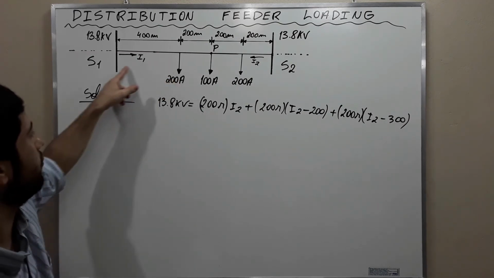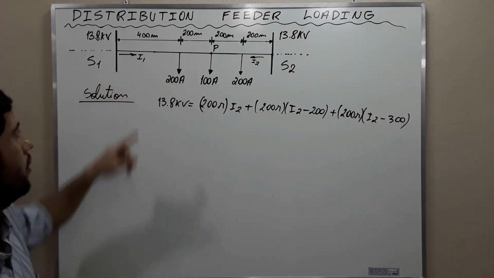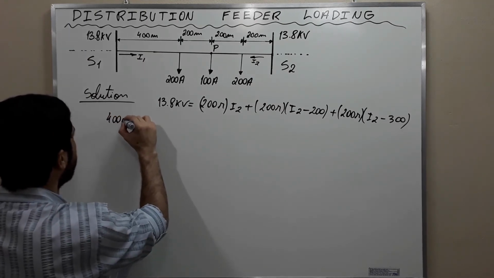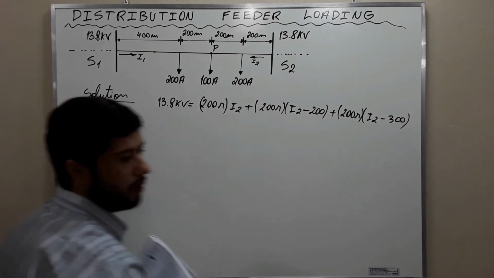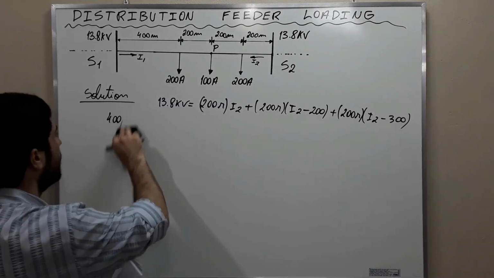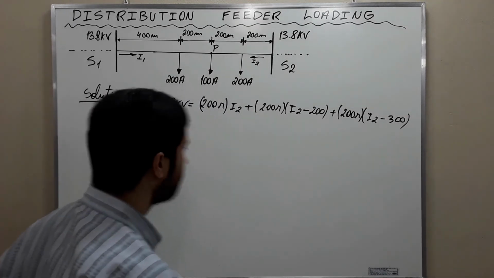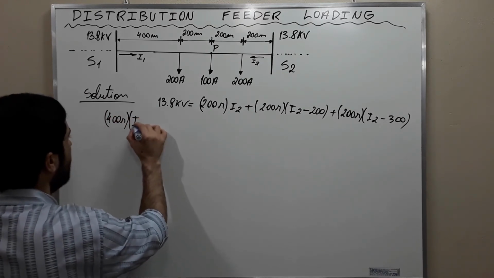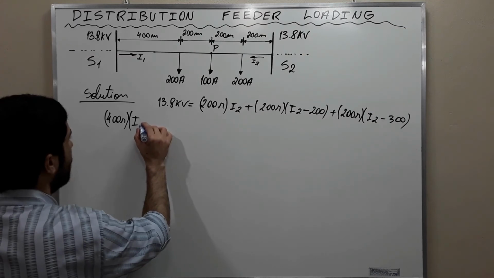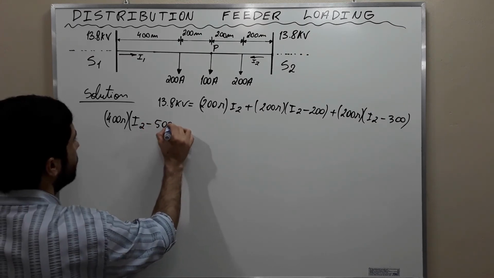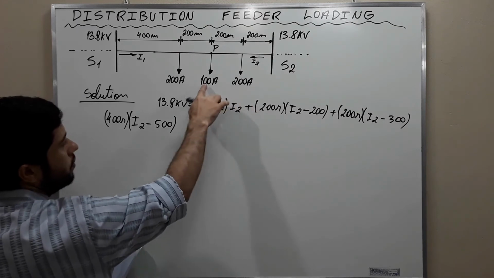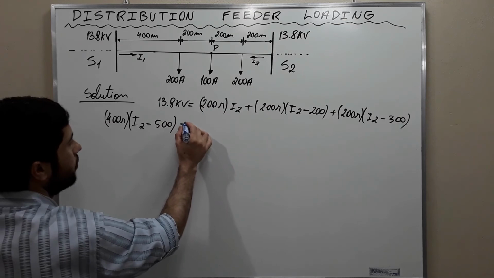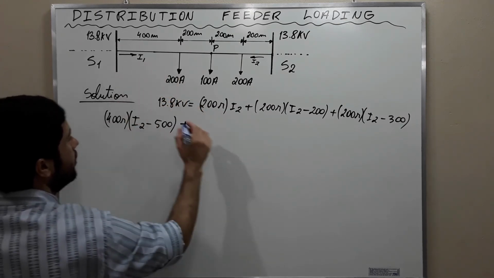And along this segment here, it is going to be 400 meters times R, times I2 minus 500. Okay, 200 with 100, 300 with 200, 500. And this plus the voltage here, 13.8 kV.